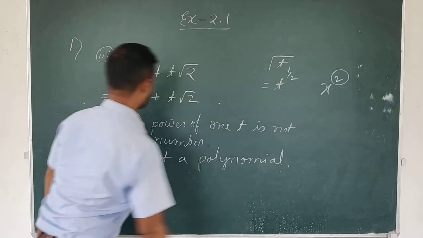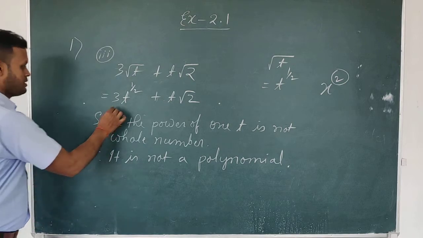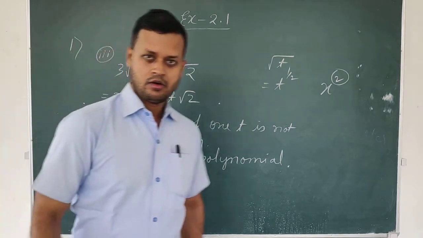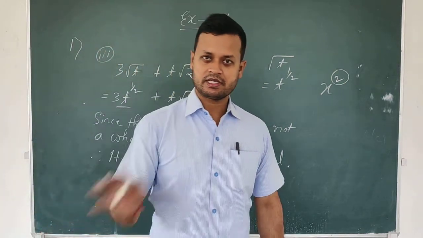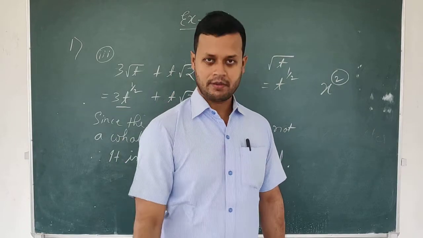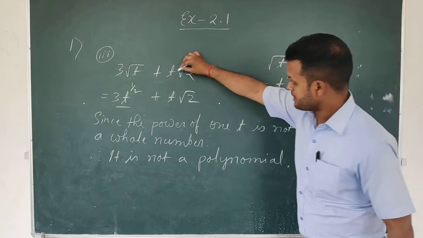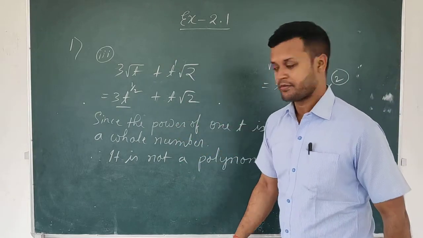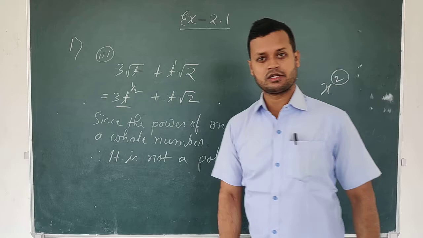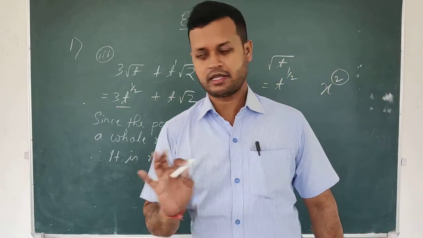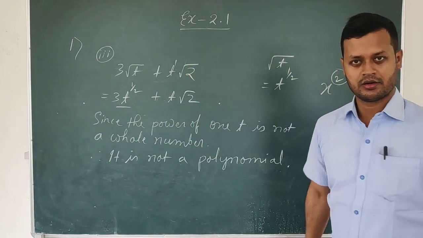Okay, friends, this is not a polynomial. You see, what is the power? Half. All the variables in the expression must have a whole number as the power. Here t has power 1, but here t has power half. So half is not a whole number. Therefore, it is not a polynomial. Okay.